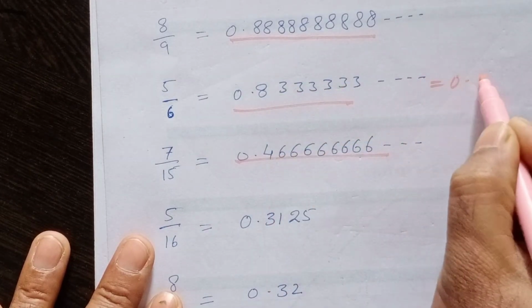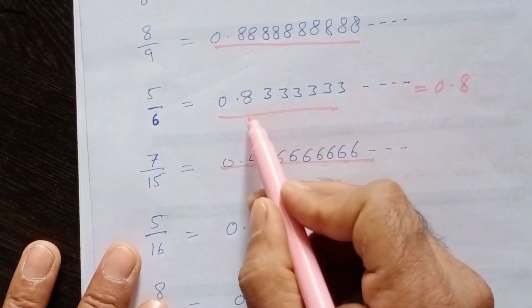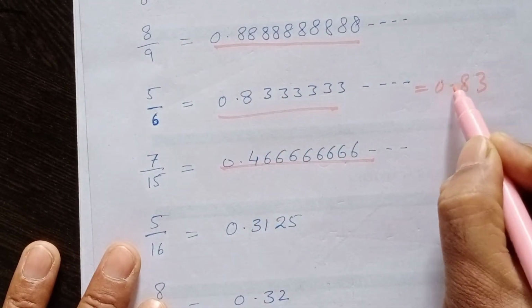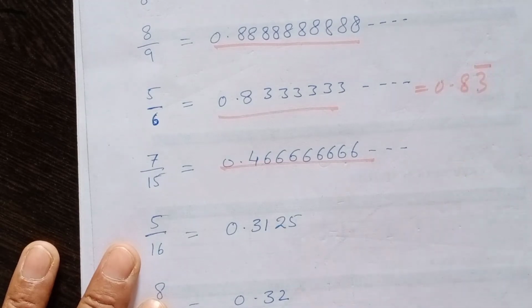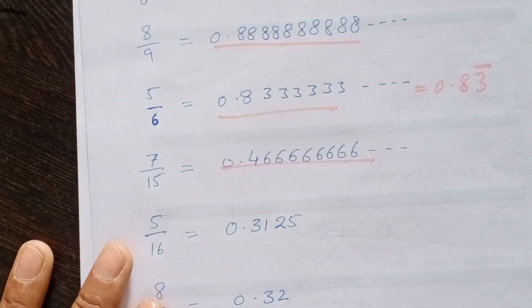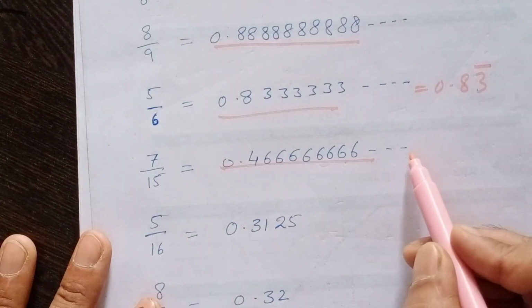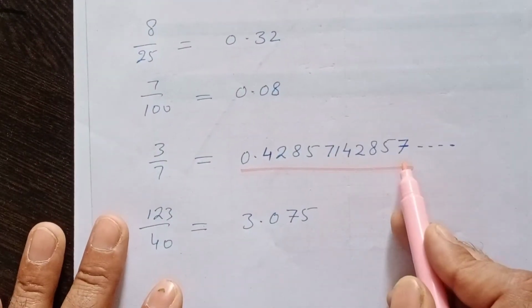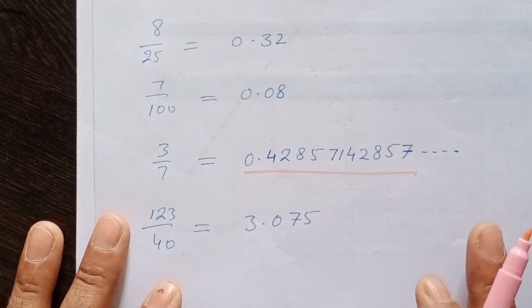See, 0.8, but 3 is repeating. So we can write it like 0.83 with a bar. You also write on your paper like this. Now you try writing this, and try writing this also in the bar form.